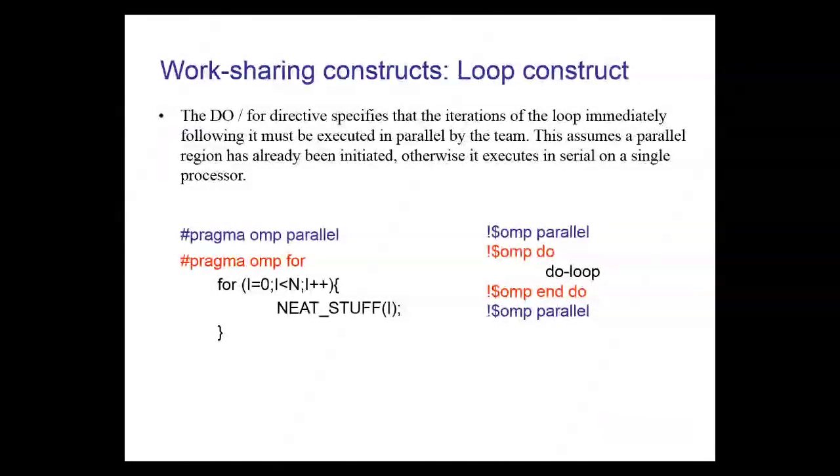So for work sharing constructs, one, as I said, is the loop construct. And its syntax is easy. You have your original loop. And then in terms of C, here parallel basically opens a team of threads for your code to run.